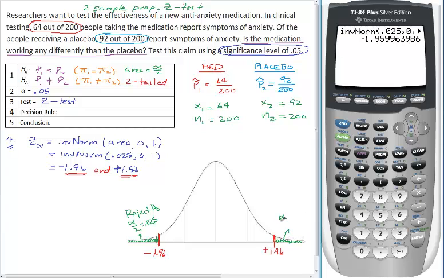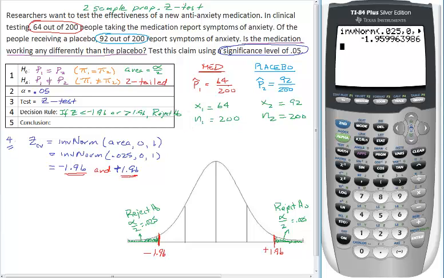This is also the top tail, or upper tail, 0.025, and anything in that region we're going to reject. So what's our decision rule? If our z-score from step 5 is less than -1.96, or if it's greater than 1.96, we are going to reject the null hypothesis.